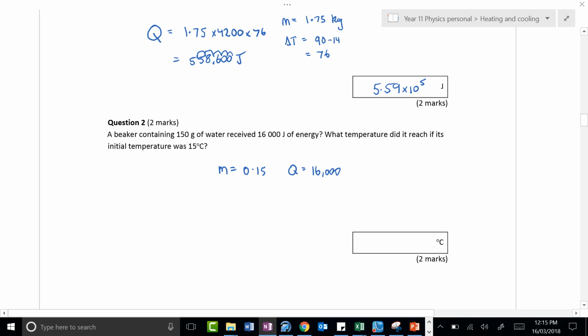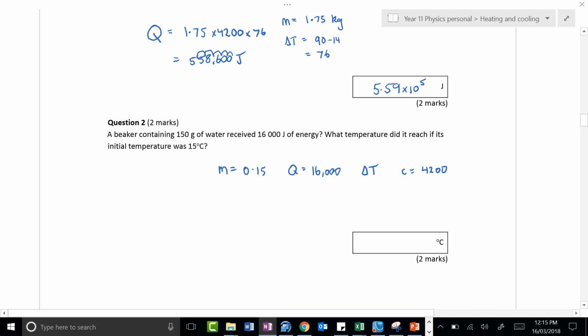So we want to find the change in temperature, how much it changes. We'll need to take into consideration that it's raised a certain temperature, and then we have to add that temperature to 15. So C is 4,200.